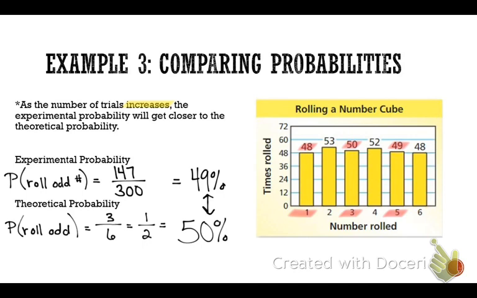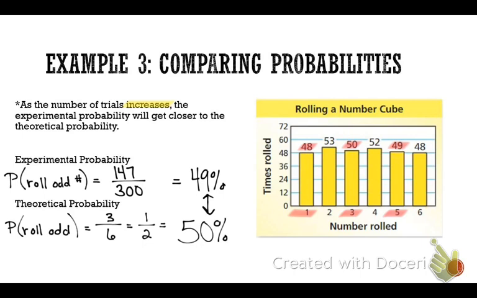While I can't swing the results to favor a certain way. I mean, literally, I just rolled it and recorded it. 48 times I rolled a 1. I didn't actually do it. It was from the book, okay? But somehow it still ended up being pretty close to the theoretical probability. So that's what we're saying.